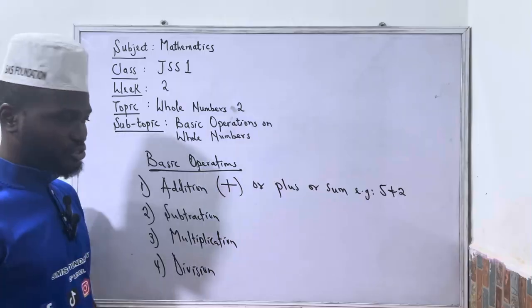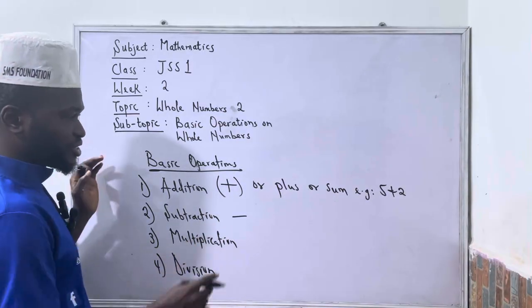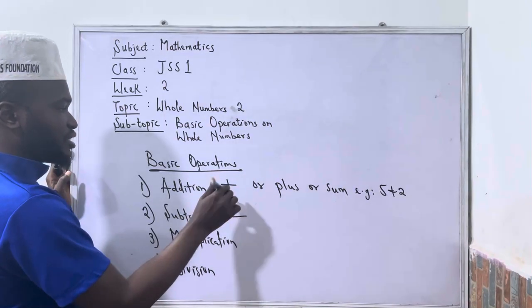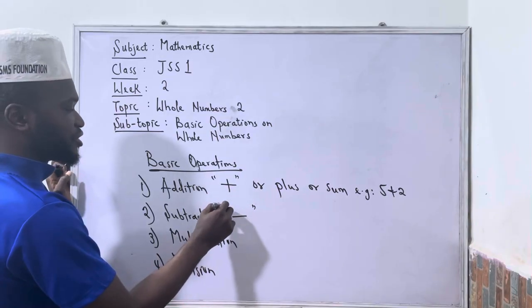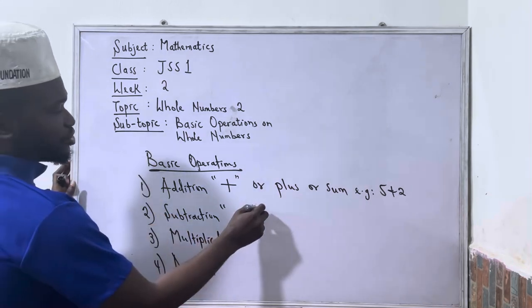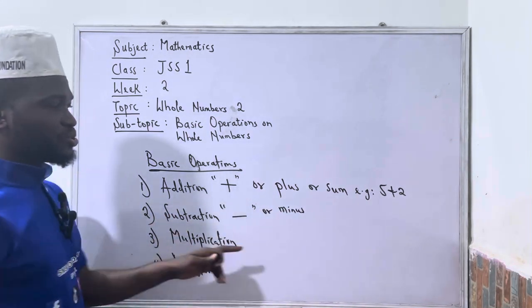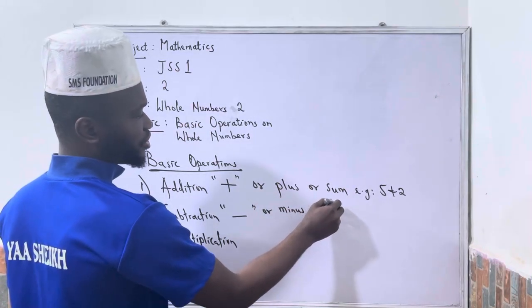Next is subtraction. The symbol for subtraction is minus. So another way of saying subtraction is to say minus. Another word for subtraction or minus is difference.